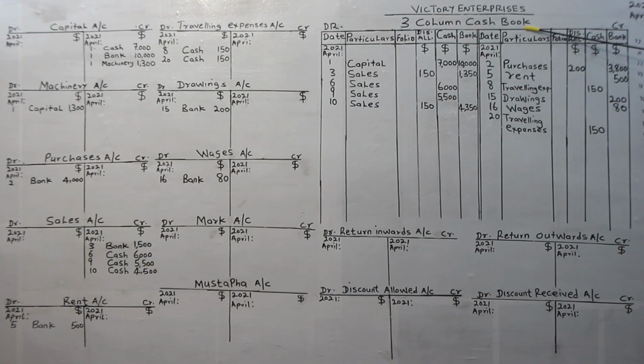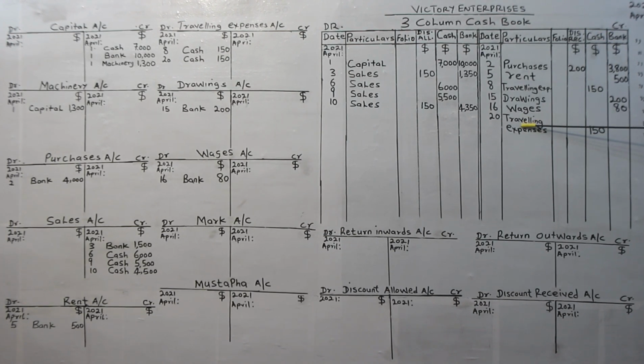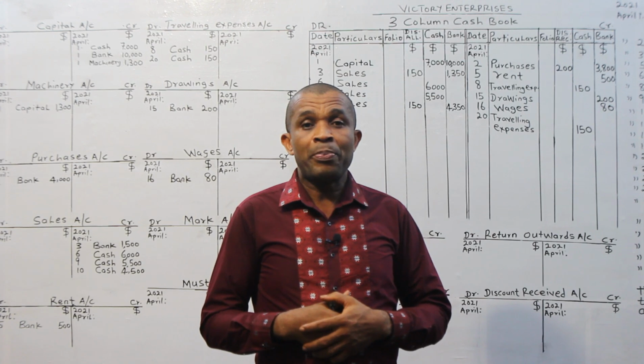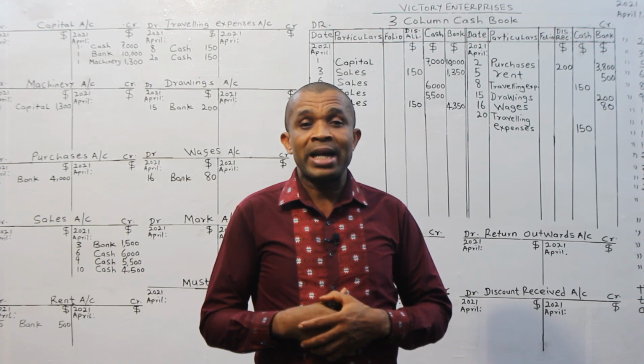We credit the 3-column cash book, the cash column, with $150 given out in respect of traveling expenses on 20th of April 2021.